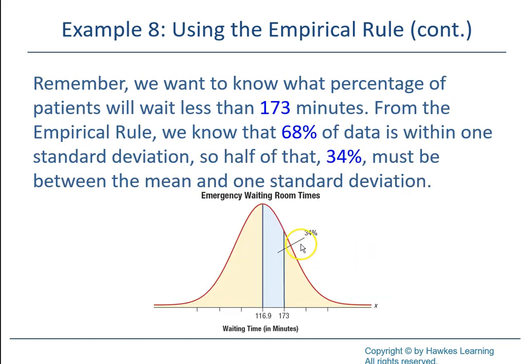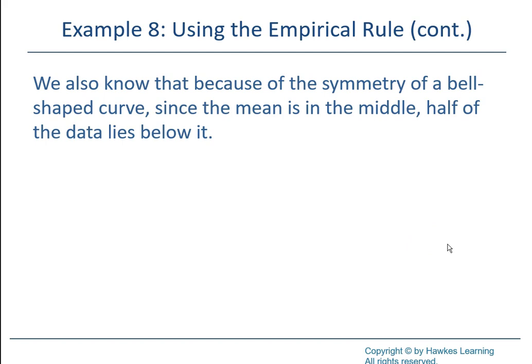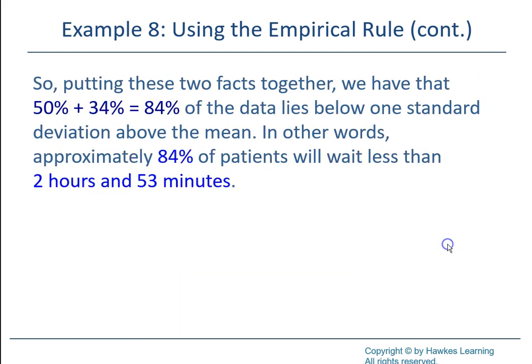And that would be about 34%. Here we know this is 50%, this part. And if you add that, then it's 84%. And that would be about 84% of the patients.